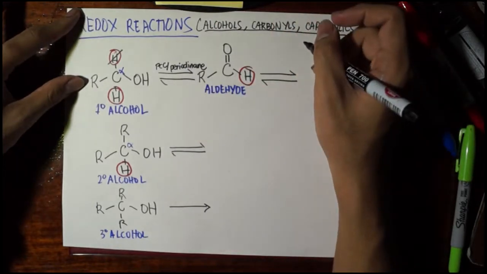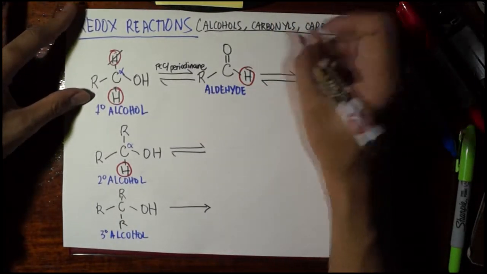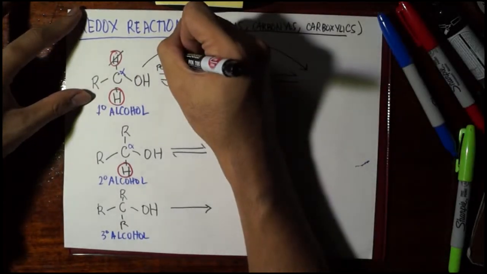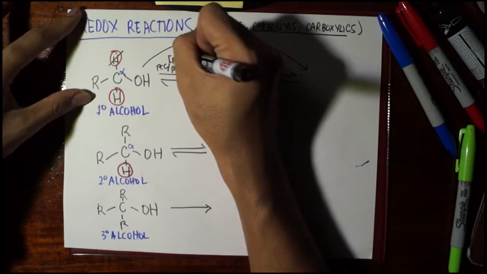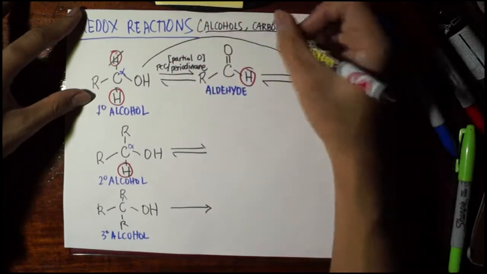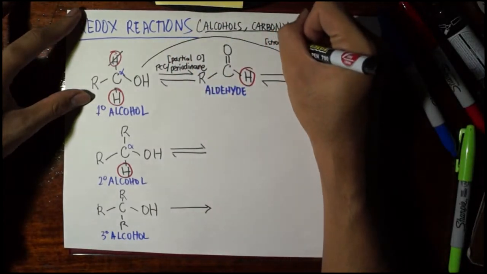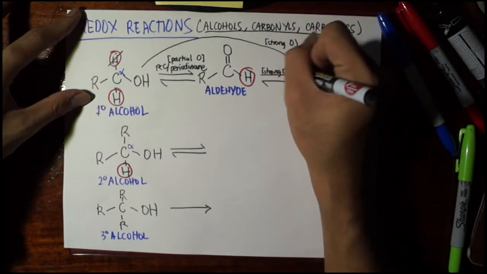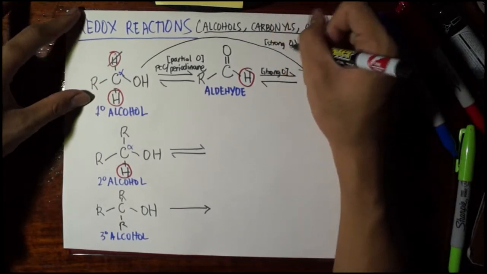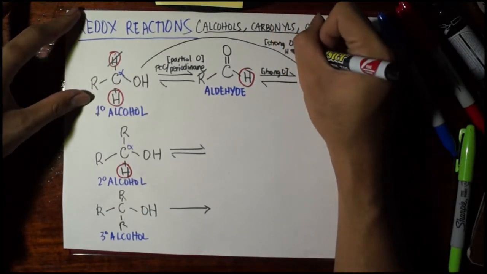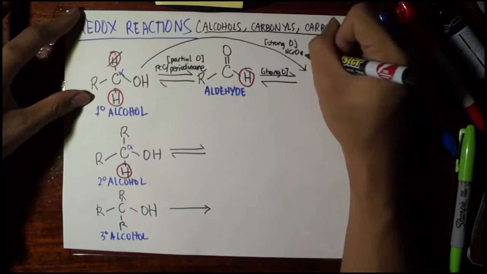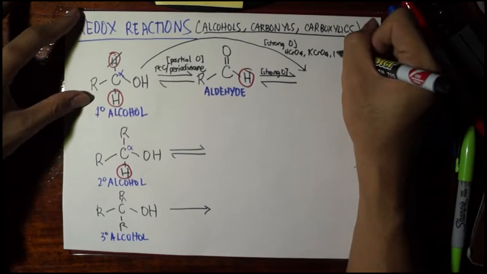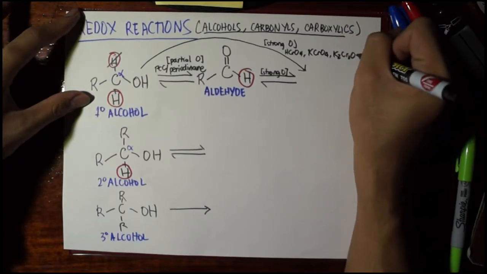Now, if you oxidize this further, or if you go straight to oxidizing it strongly, here we call the first one partial oxidation. But here we use strong oxidation, using a strong oxidizing agent such as chromic acid, potassium chromate, or potassium dichromate.